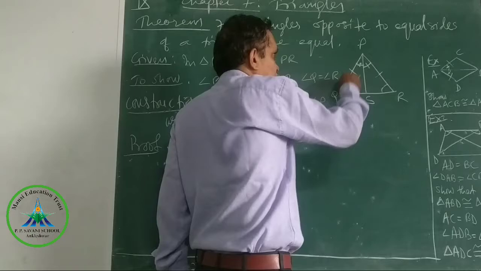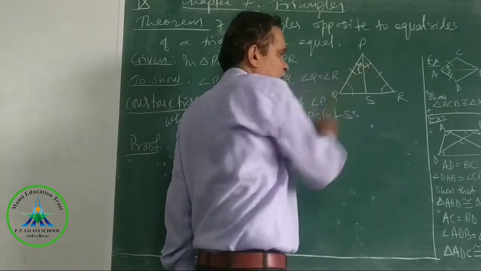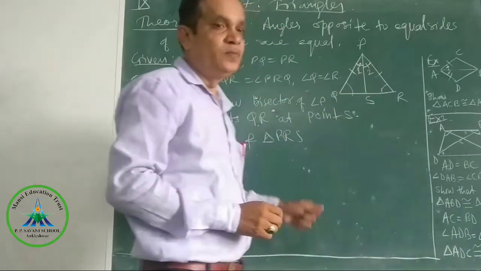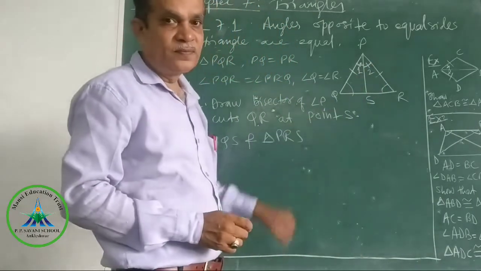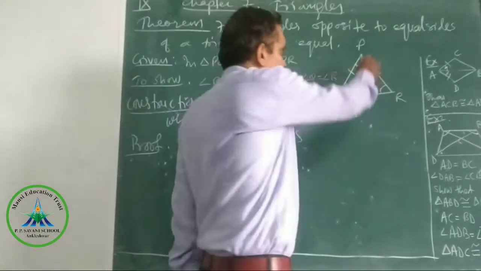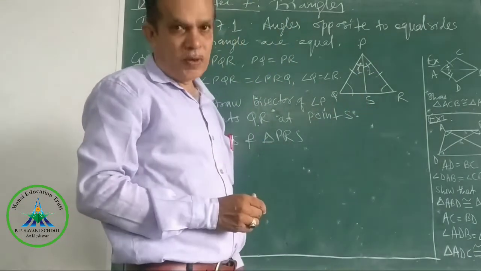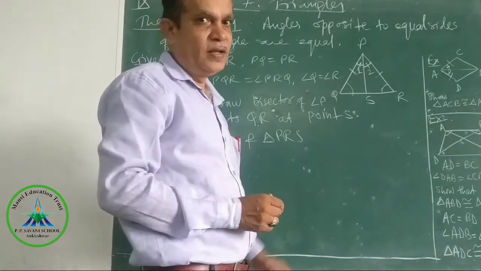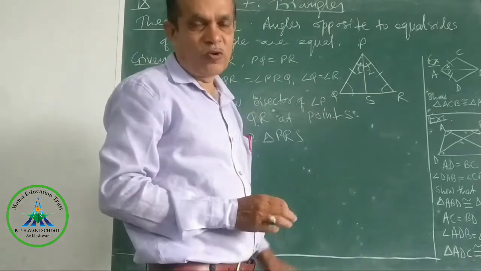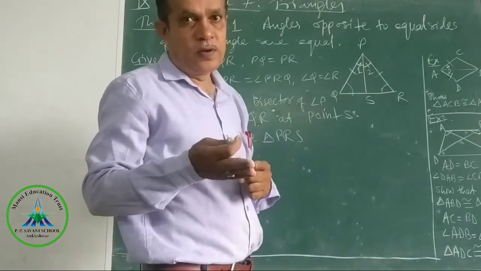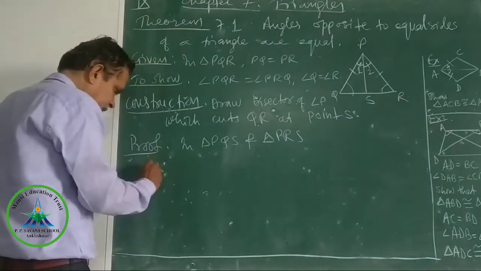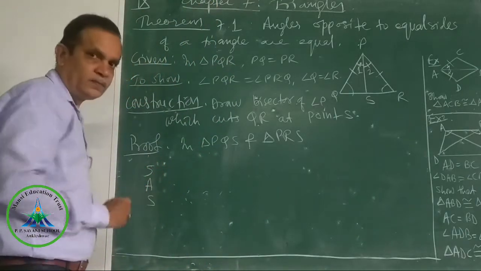Angle QPS, I can write angle 1, equal to angle 2, construction, and PS equal to PS, common side. Okay, therefore side angle side. Yes or no? First we should read the rule of congruency, then write that rule. See, I got it, side angle side.